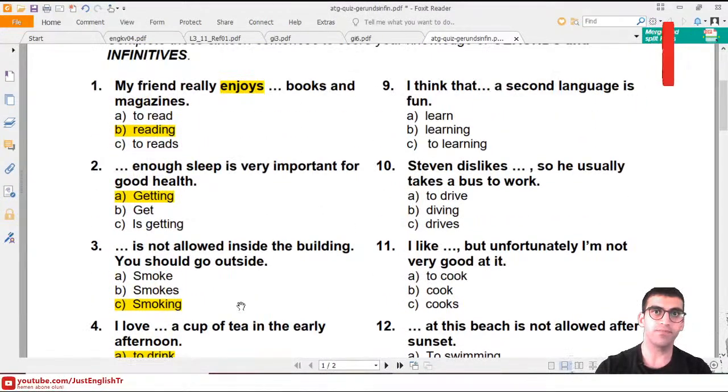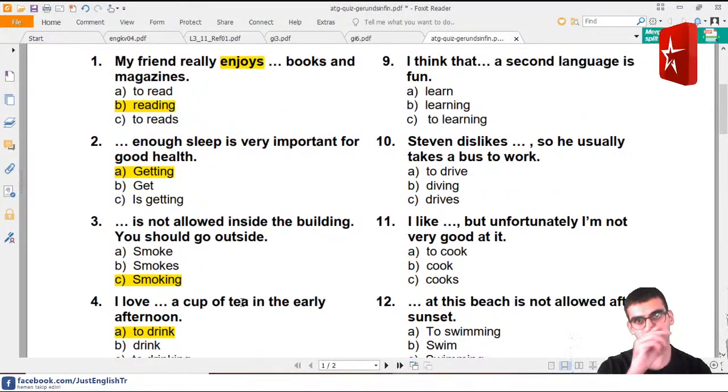Number 9, I think that learning or to learning a second language is fun, like English. Number 9, I think that learning a second language, or to learning a second language.